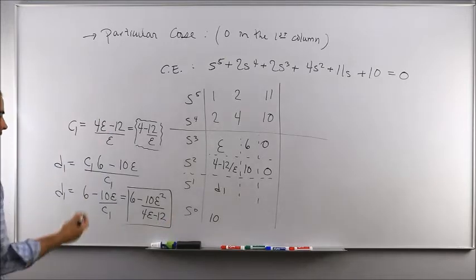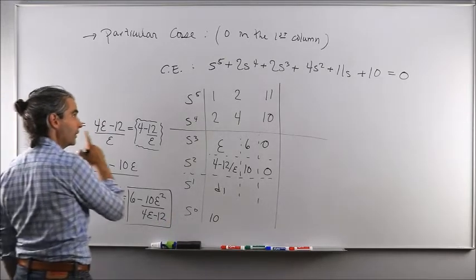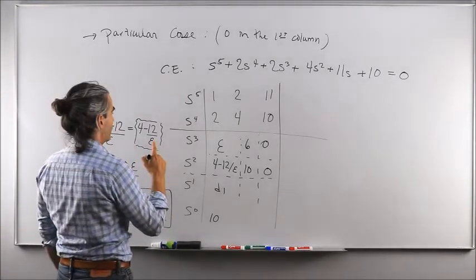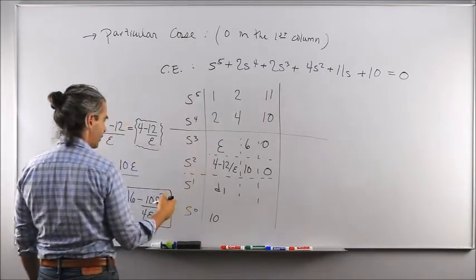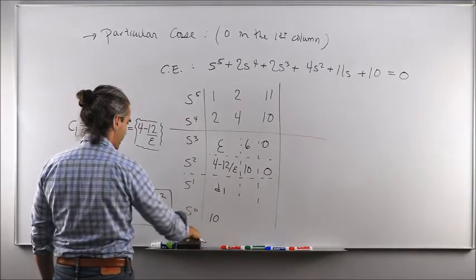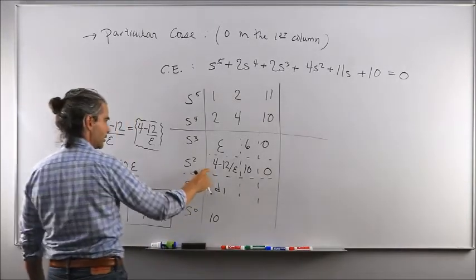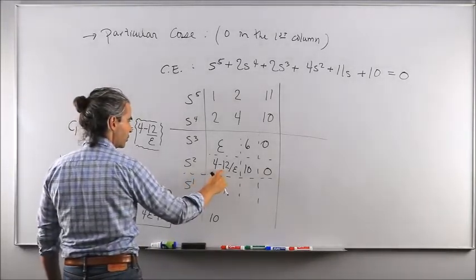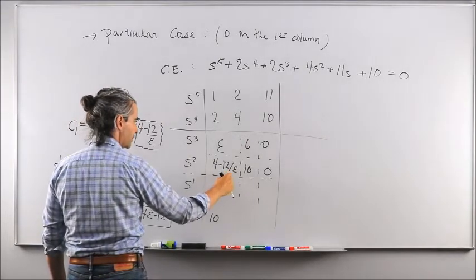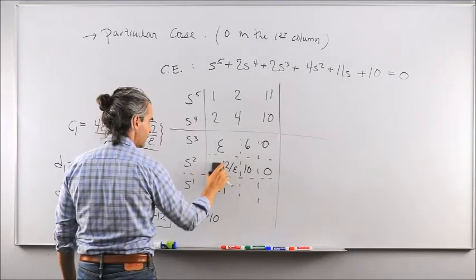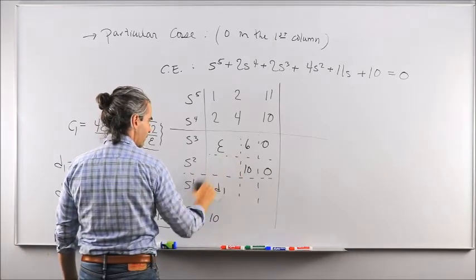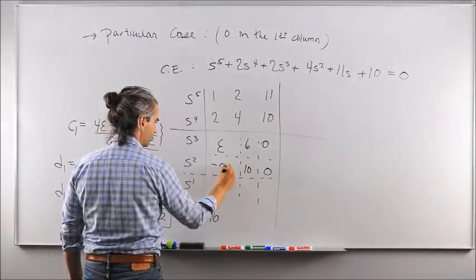And now I can come in and substitute for epsilon towards 0 in the calculation of C1 and D1 to get actual numbers. So doing so here, 4 minus 12 over 0. 12 over 0 is infinity. So something minus infinity will give me minus infinity.